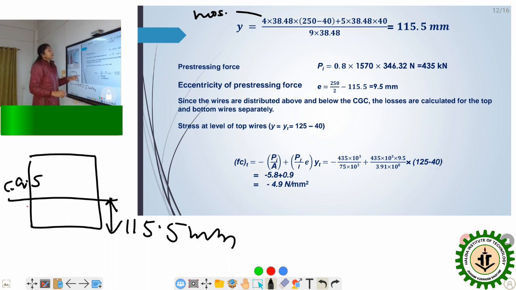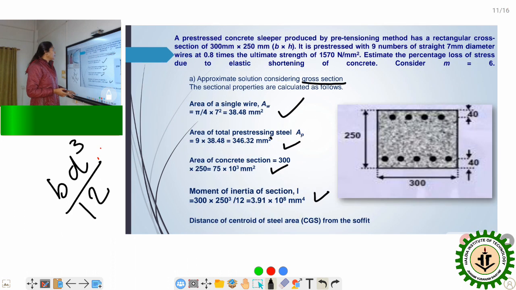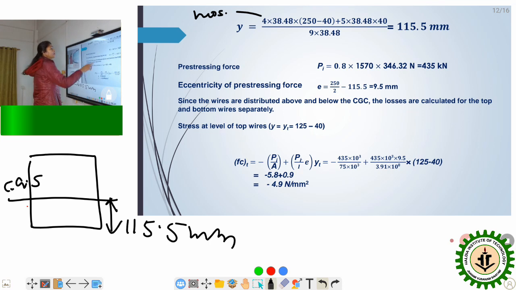Now next, the pre-stressing force. According to the problem, the tendons are stressed to 0.8 times the ultimate strength of 1570. So the pre-stressing force is given as 0.8 times the ultimate strength, that is 1570, into the area of the steel.